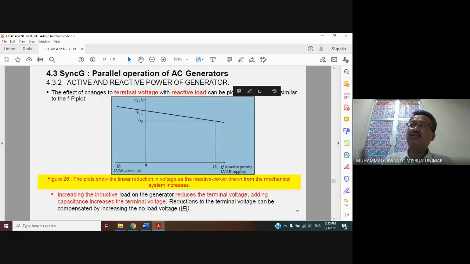Remember, reactive power for the inductive relates to the coil, XL.